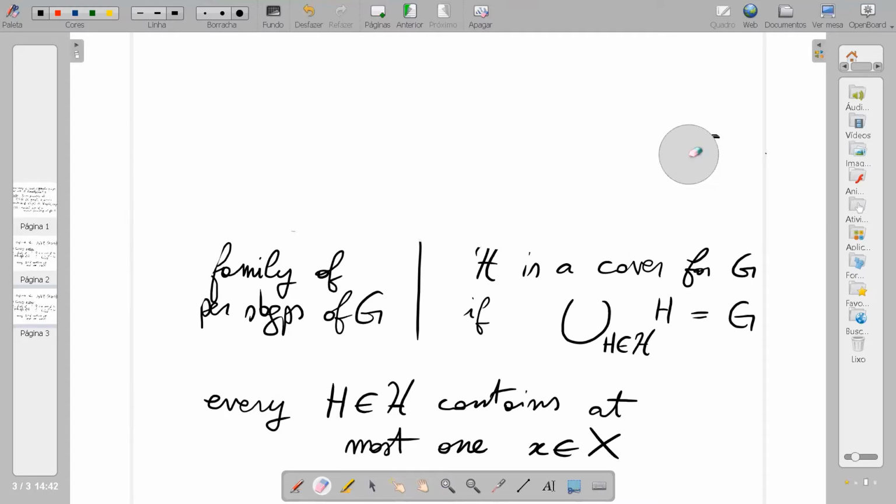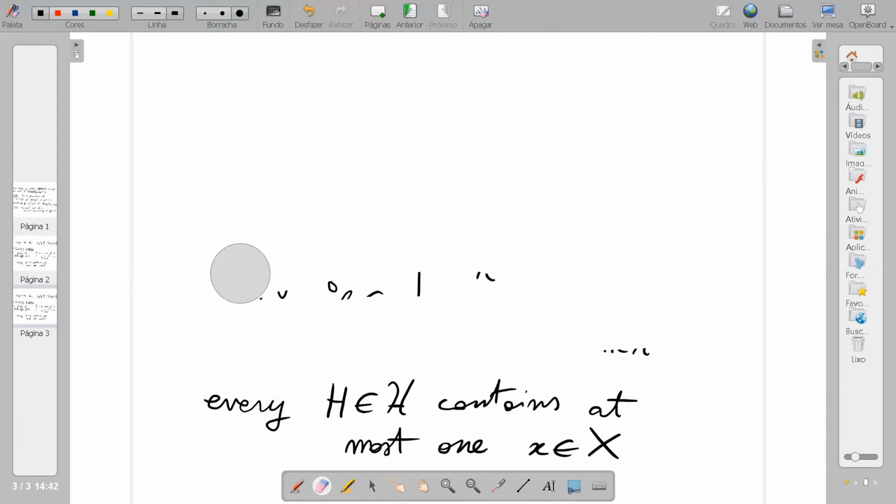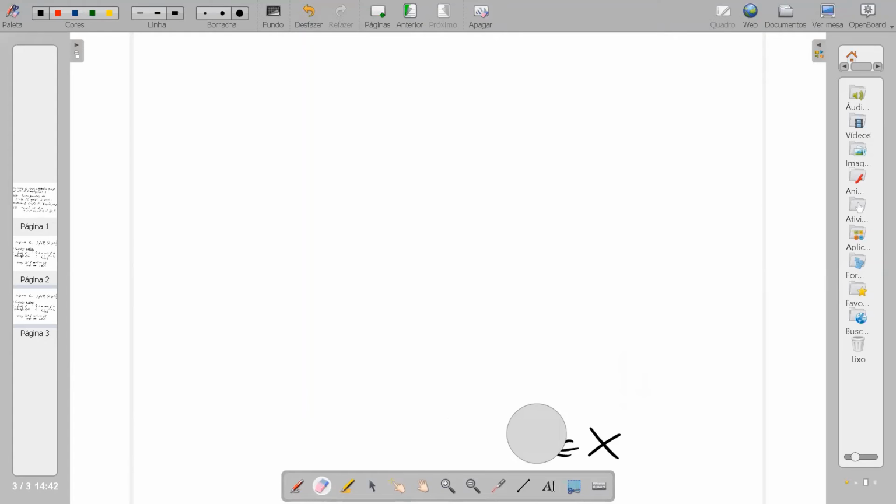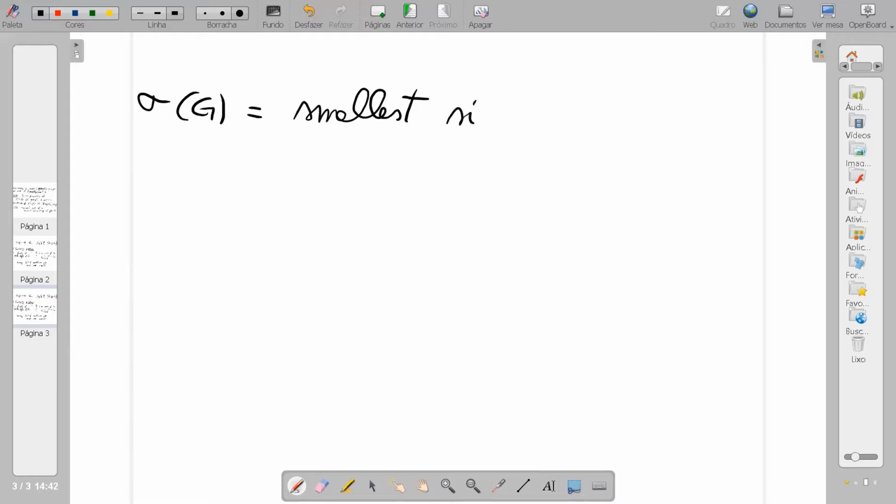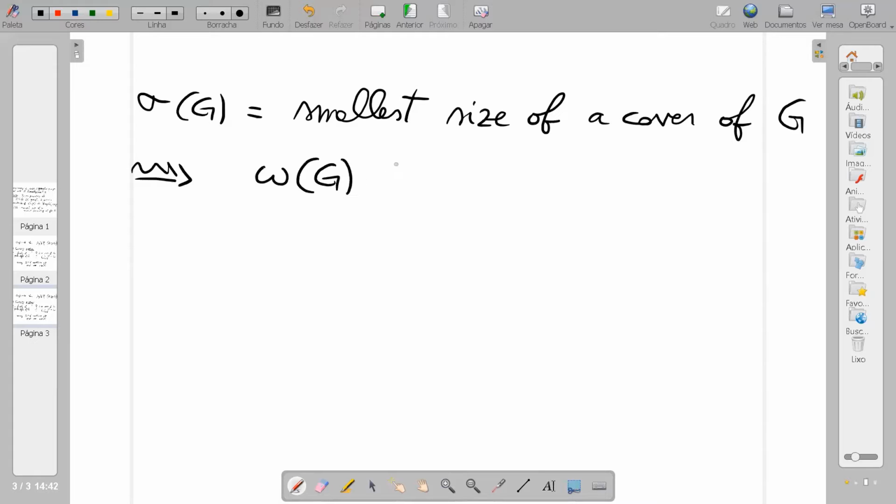Usually you define sigma of G to be the smallest size of a cover of G, cover meaning a family of proper subgroups whose union is G, and the basic inequality that you get is that omega of G is at most sigma of G, and this is because of what I said essentially.